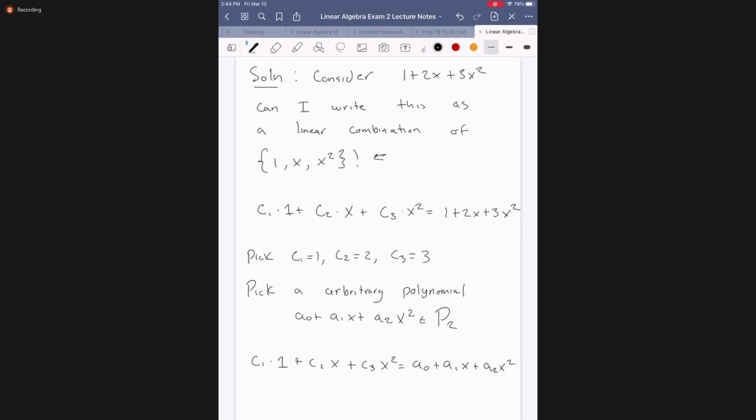What would my constants be? Just a0, a1, a2. C1 would equal a0, C2 would equal a1, C3 equals a2. So no matter what polynomial I pick in P2, I can write it as a linear combination of 1, x, and x squared. So the set {1, x, x squared} spans P2 in this case. Again, don't worry, if it's still not making sense, we'll do more examples.